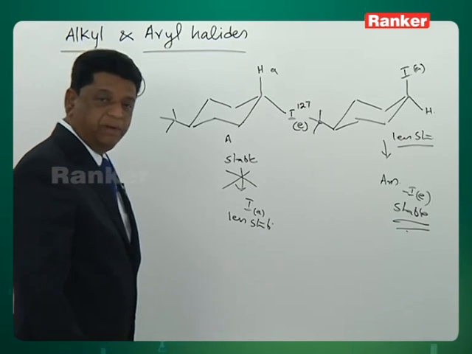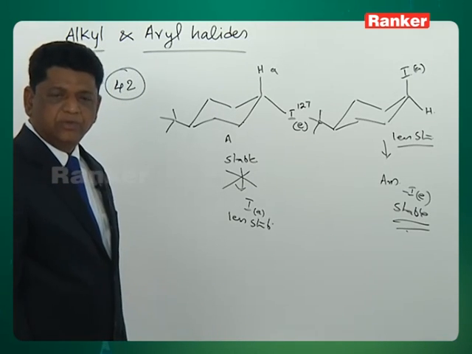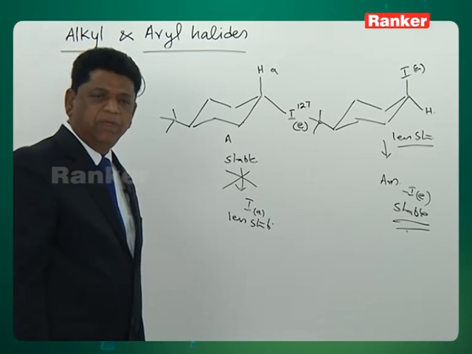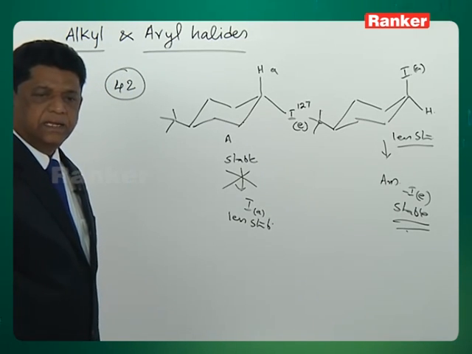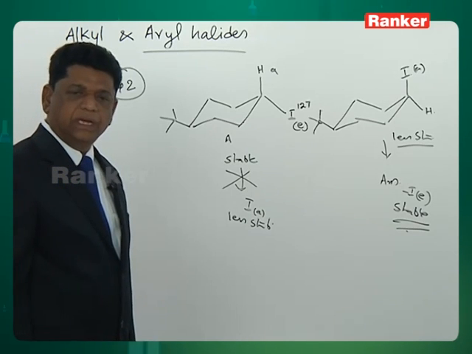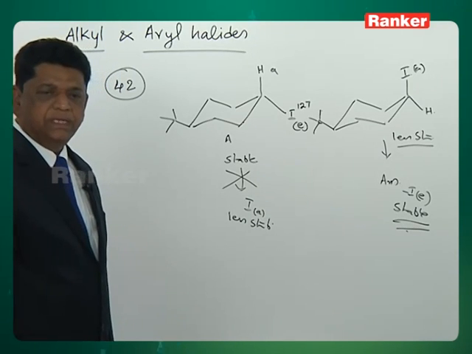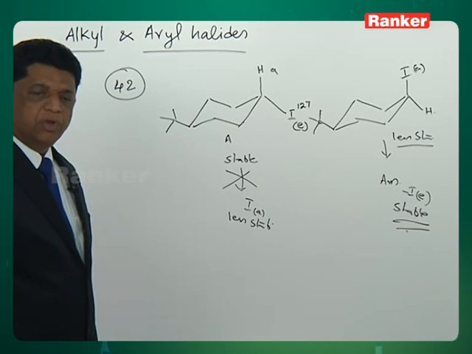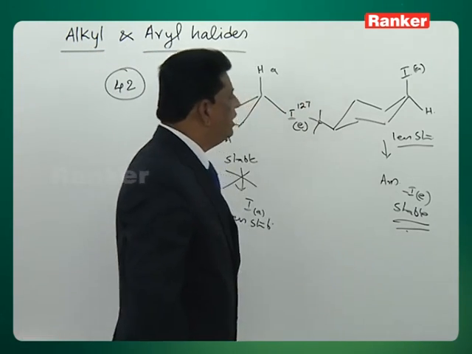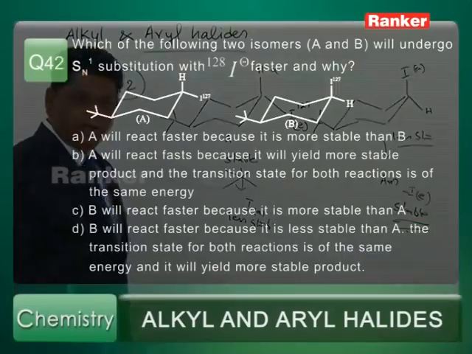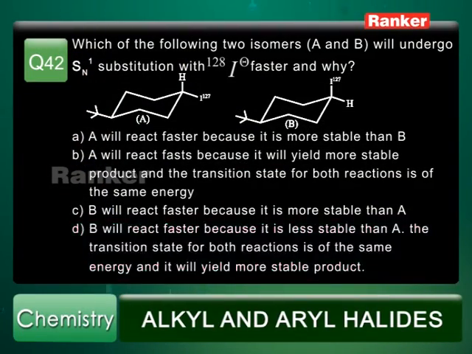So option D, if you read it: B will react faster because it is less stable than A. The transition state for both the reactions is of course the same energy, and it will yield the more stable product, that is, axial converted to equatorial gives the more stable product. So answer D will be the right answer.